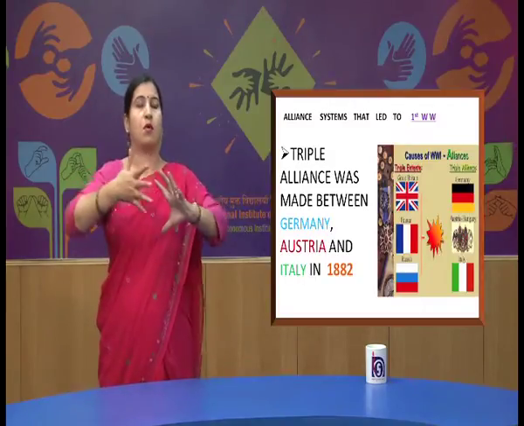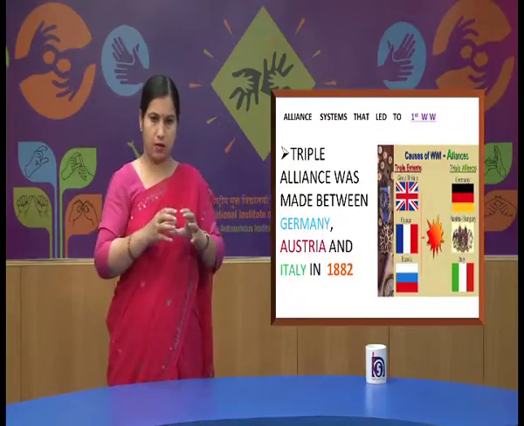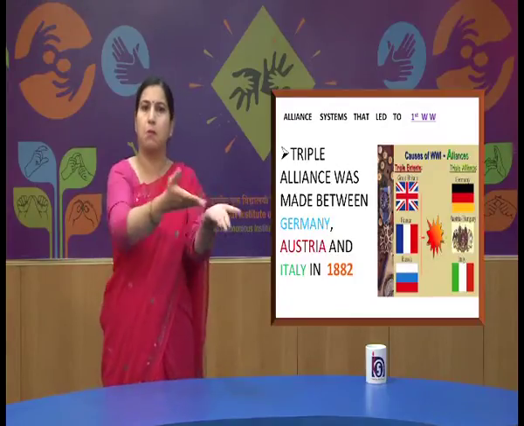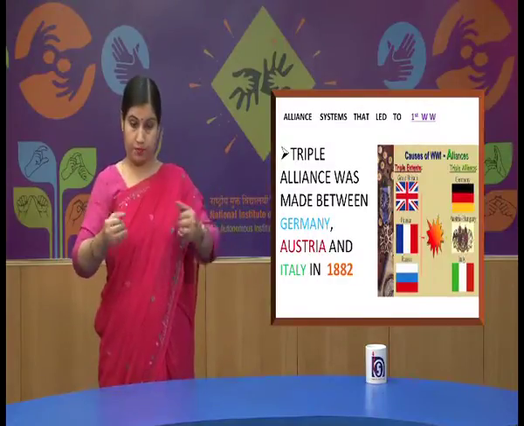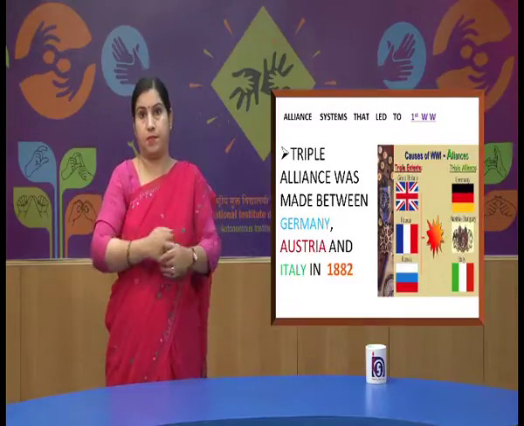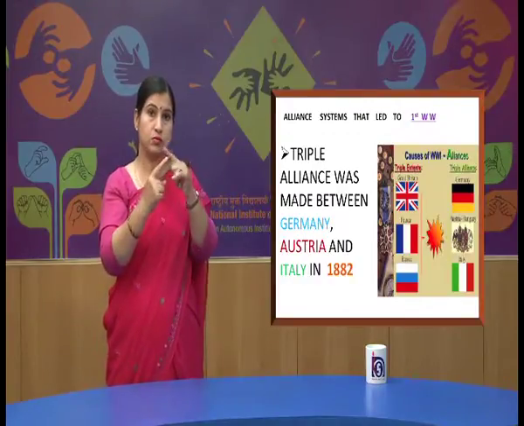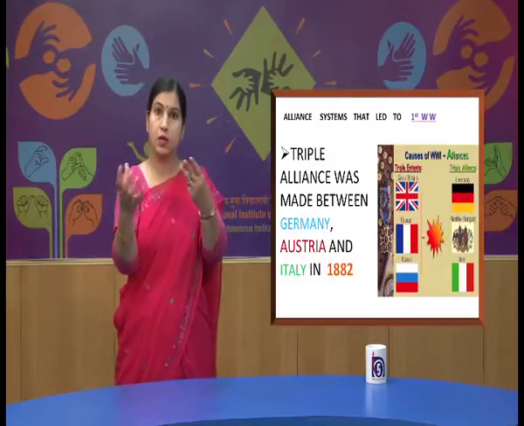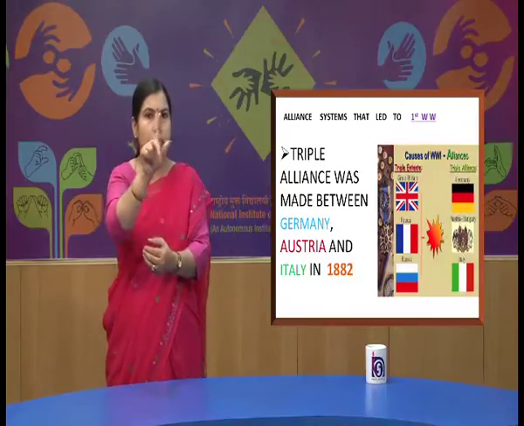This led to the formation of alliances between countries that fought among themselves. Two separate groups of nations were formed in the world around this time. Germany, Austria, and Italy formed the group Triple Alliances in the year 1882.